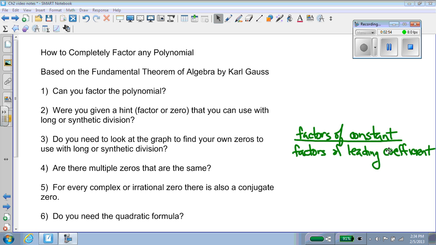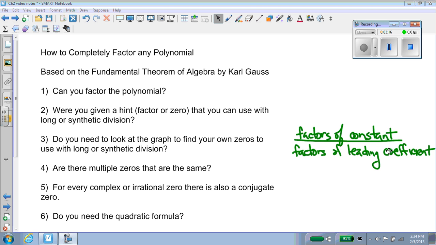And here's a nice little fact. For every complex a plus bi, or irrational 0, like 2 plus the square root of 5, there is also a conjugate for that 0. So again, if I had 2 plus the square root of 5 as one of my zeros, I would also have 2 minus the square root of 5 as a 0.